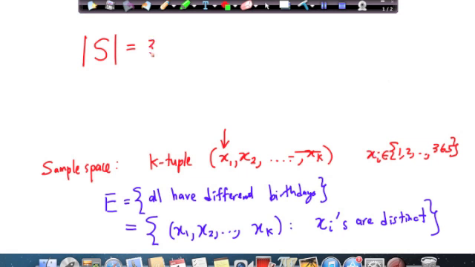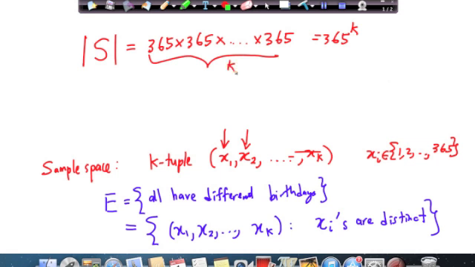Well, there are 365 choices. Next, we choose x2. Again, since there are no restrictions, we can choose any number from 1 up to 365, and so on. Therefore, altogether we have 365 to the k, because there are k terms altogether. This is the size of the sample space.